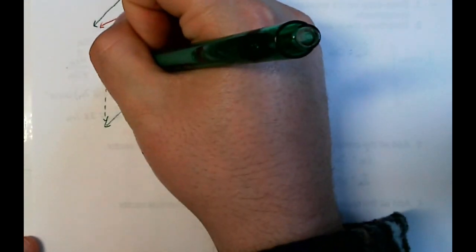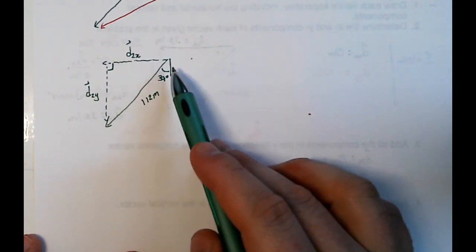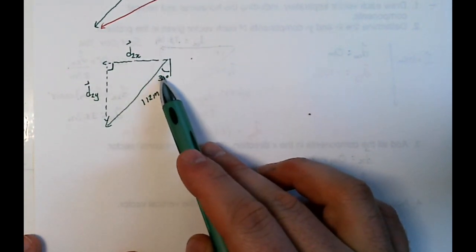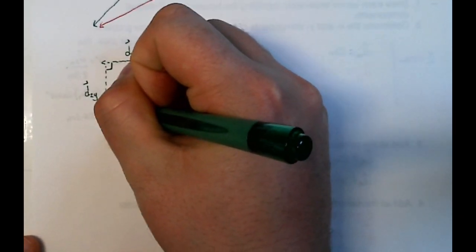We now want to determine the x and y components of the trip. So we have the displacement 2 in the x direction, horizontally. We have the displacement 2 y, or vertically. Again, if this angle on the outside is 39 degrees here, that means this angle is 39 degrees there.